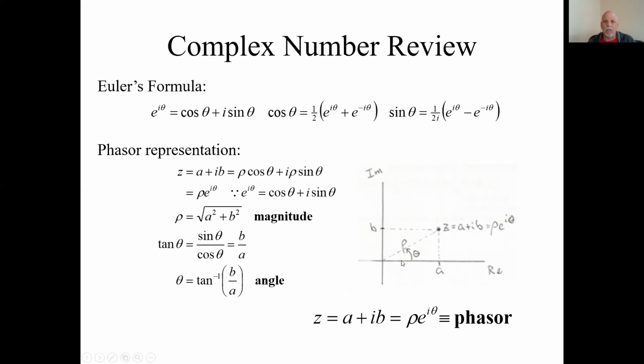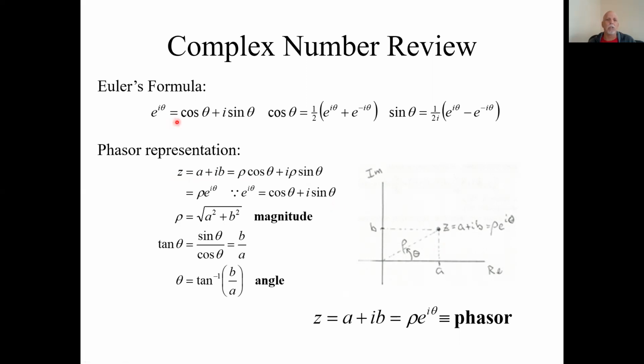Well, let's derive that really quickly. This complex number would be this rho times cosine of this theta plus i rho times sine of that theta here. So I just re-expressed that complex number. But I can factor out this rho here, and I'm left with cosine theta plus i sine theta.